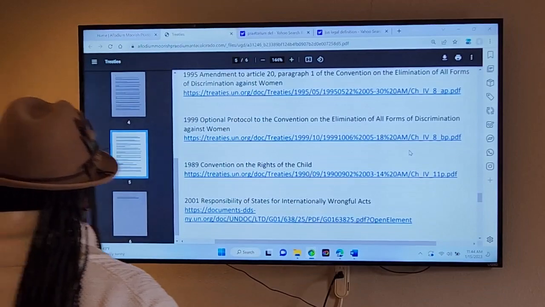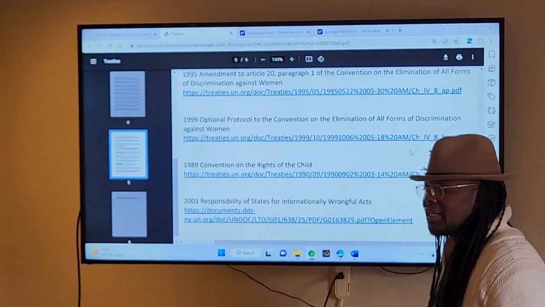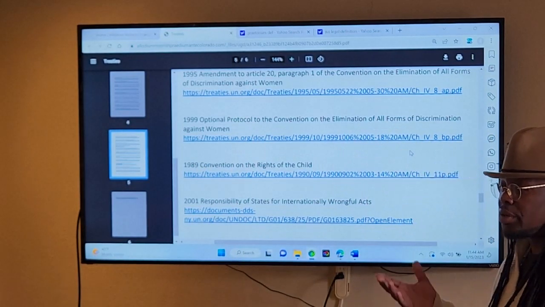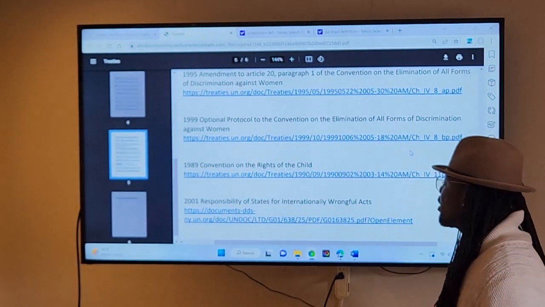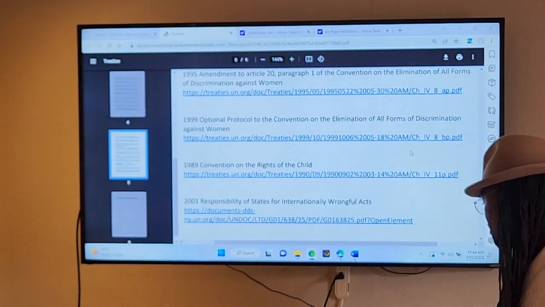So it's a pretty long list, right? I didn't count, but let's just say for the sake of argument, there are 25 treaties, declarations, and conventions. True. Just for the sake of argument.